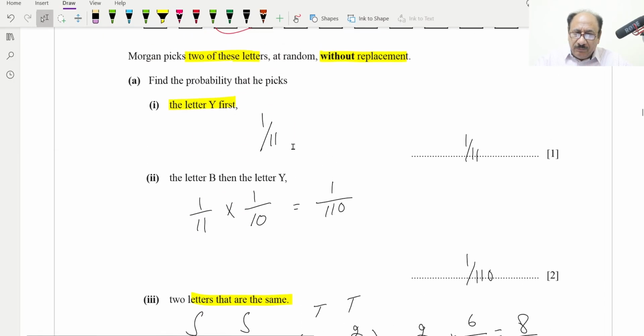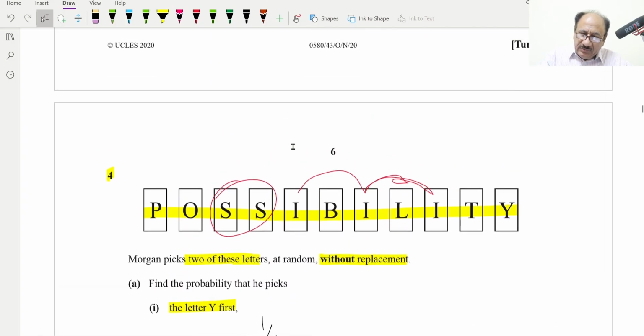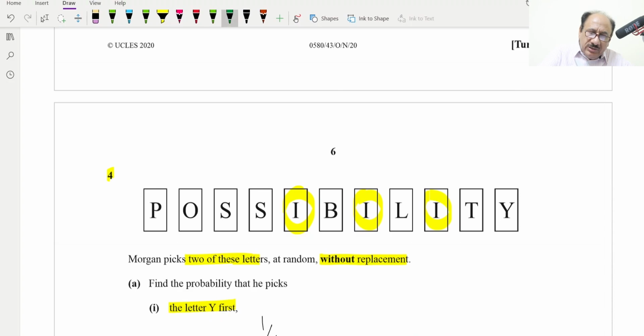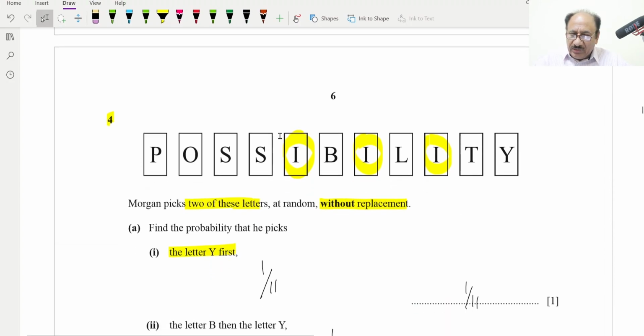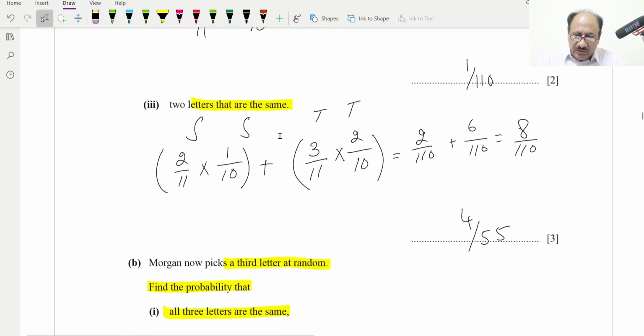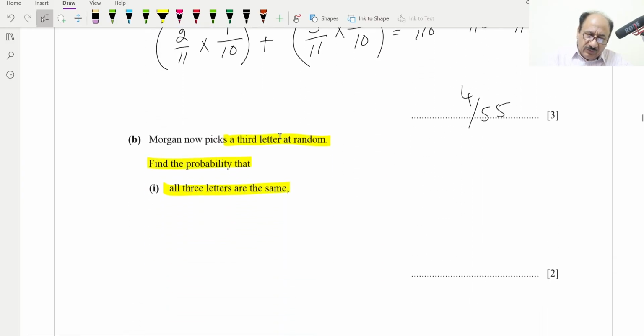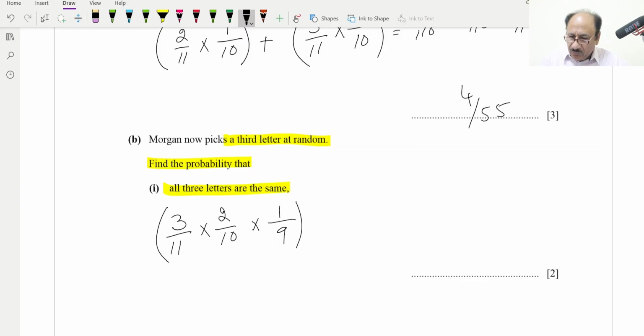We know that the probability of all three letters being the same can be only in the case of I. There is no other possibility, because the only letter which is repeating three times is I. So the probability for the first I will be 3 by 11. For the second I, it will be 2 by 10, because this is without replacement. And the third one will be 1 over 9.